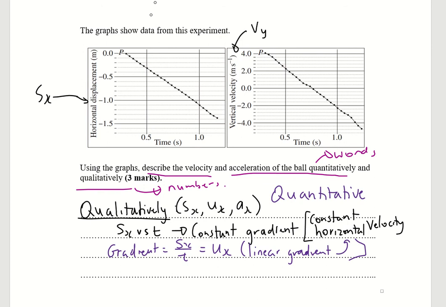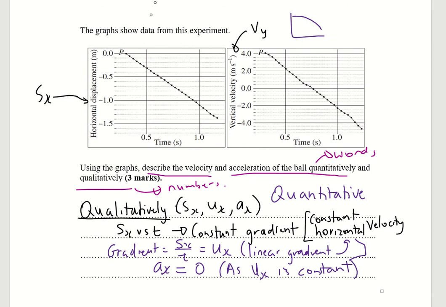If it's a curved line though, say if the horizontal displacement was curved like that, then it implies that there was some form of acceleration, or increasing value. It doesn't necessarily mean acceleration depending on what you're looking at. And that also means that the horizontal acceleration is equal to 0 as Ux is a constant value.